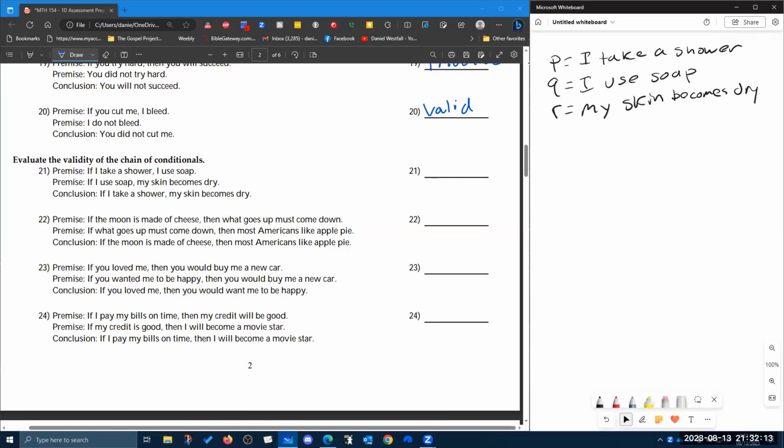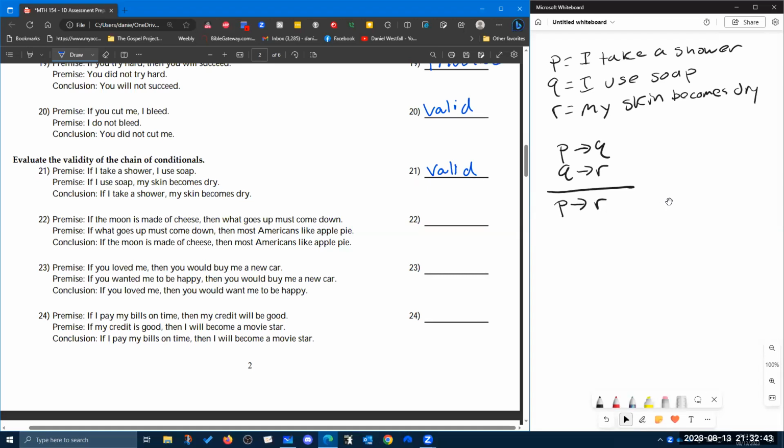And so I'm going to write these out as P implies Q, Q implies R, and the conclusion I want is P implies R. That's a valid argument. It's called the transitive property. P implies Q and Q implies R, then P implies R.